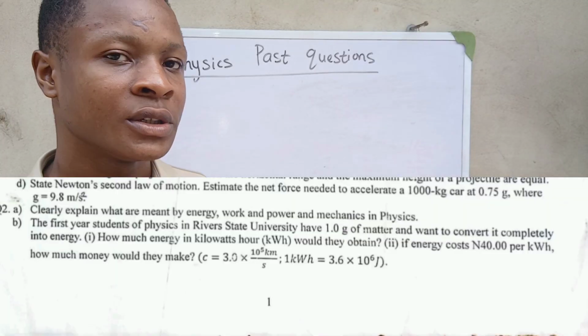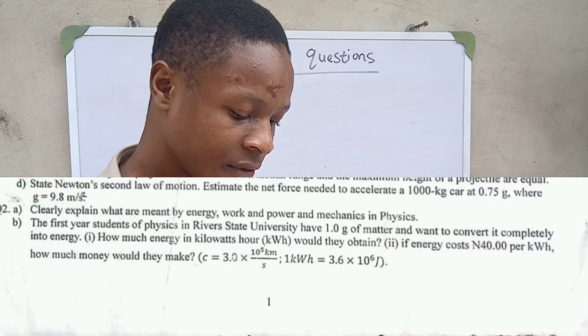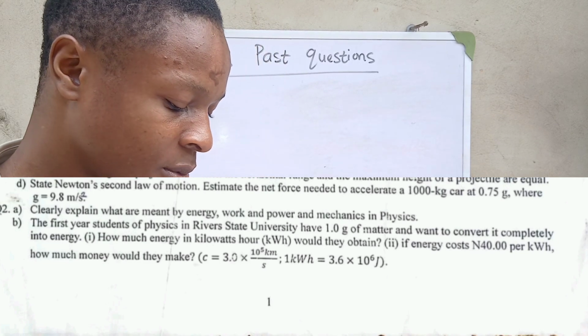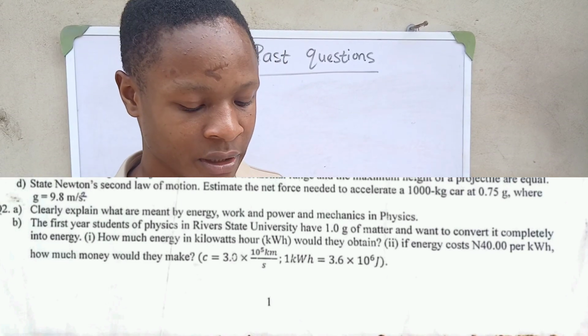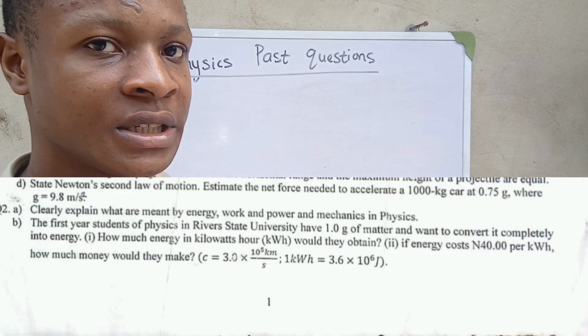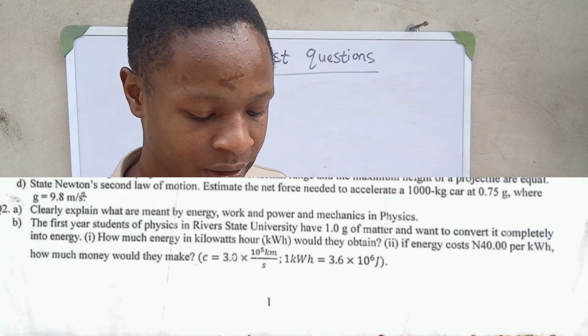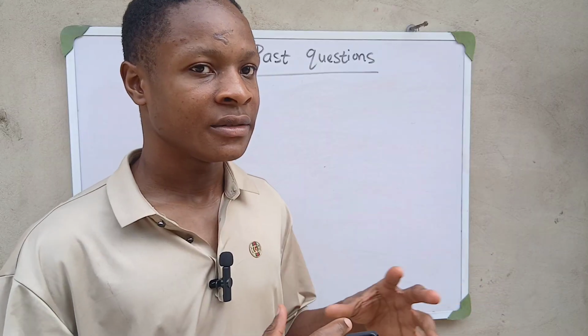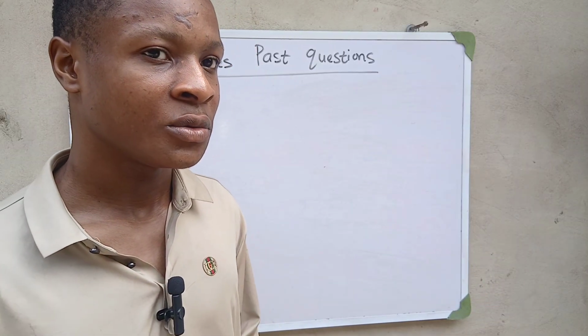The second question says, estimate the net force needed to accelerate a 1000 kilogram car at 0.75 meters per second squared, where the acceleration due to gravity is 9.8 meters per second squared. If you look closely, the first question relates to this calculation question.